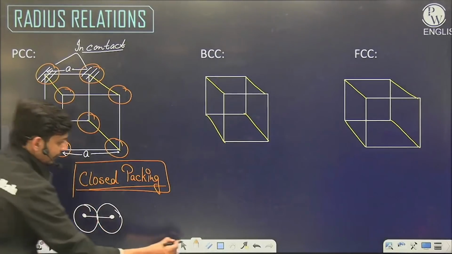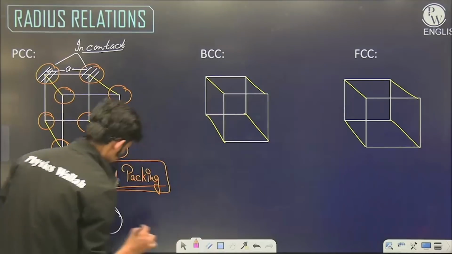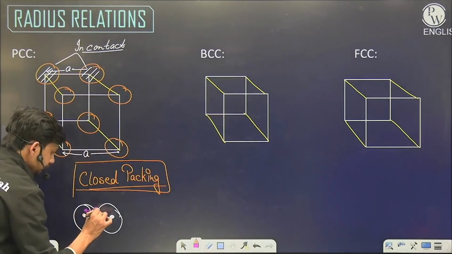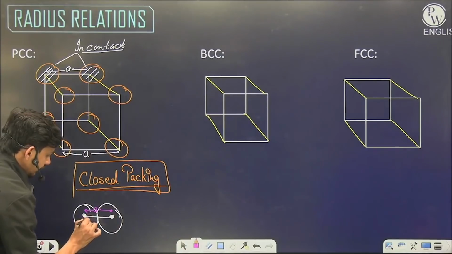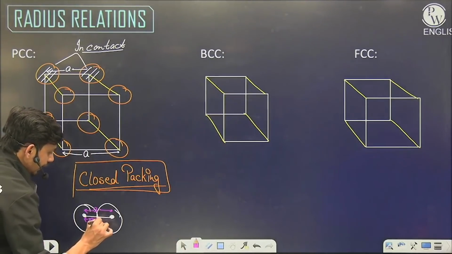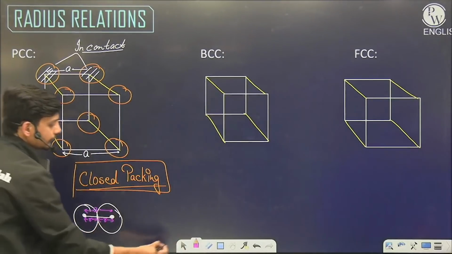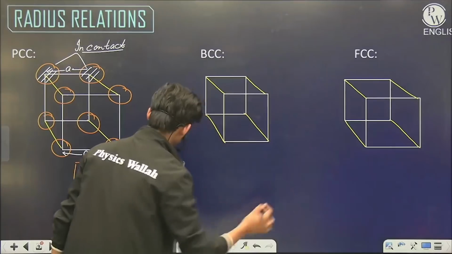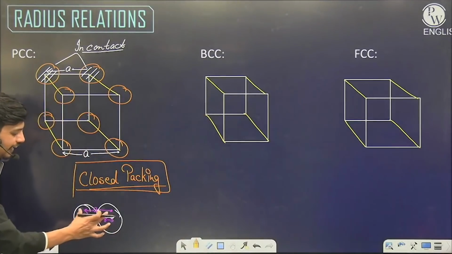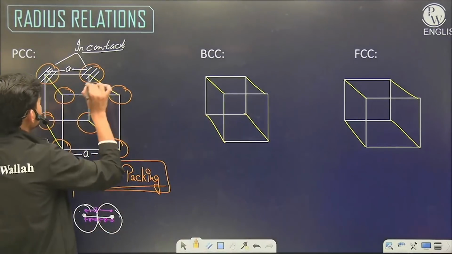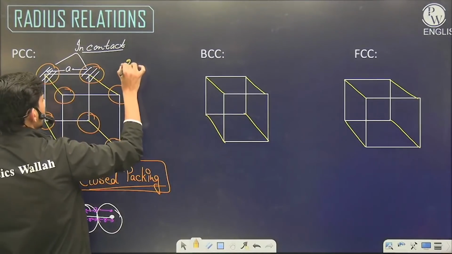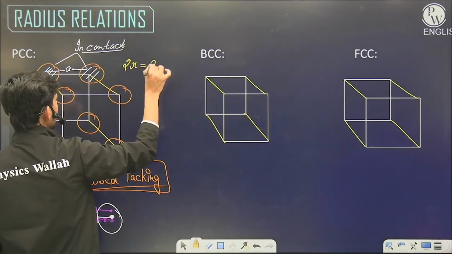So if I mention the length here, this length is A, the edge length, and this length is the radius in terms of a sphere, and this is also the radius if all the atoms are similar. So clearly here we can see R plus R is equivalent to A. So for PCC the relation is twice of R is equal to A, the edge length.